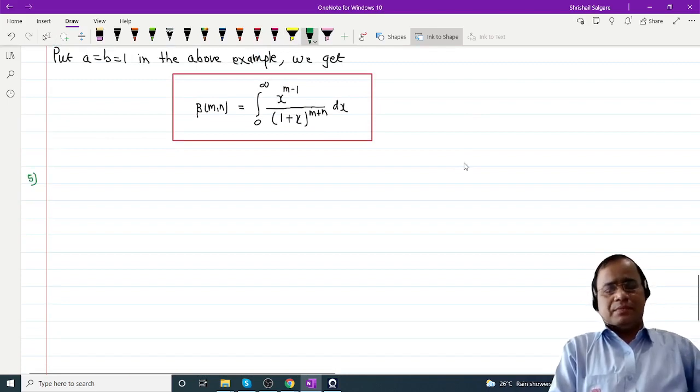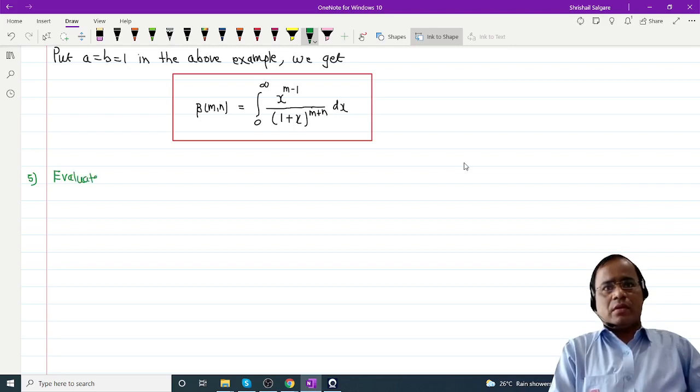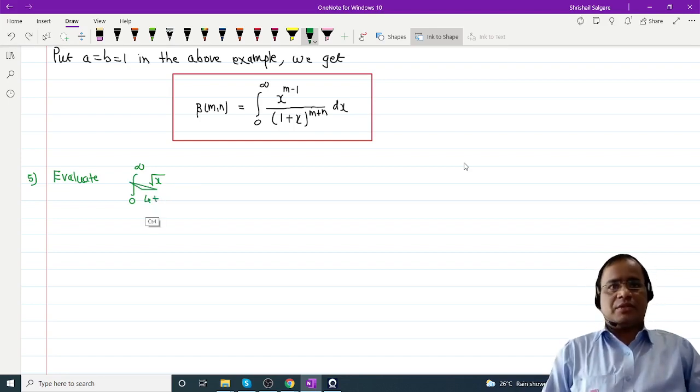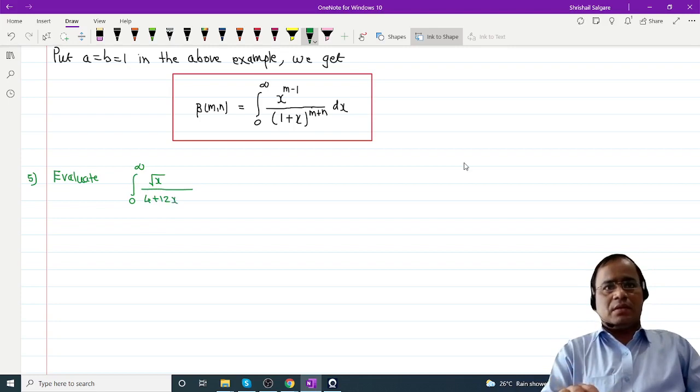Fifth example, evaluate the integral 0 to infinity, root x divided by 4 plus 12x plus 9x square, dx. Yes, can anyone tell? So what do I have to do here?